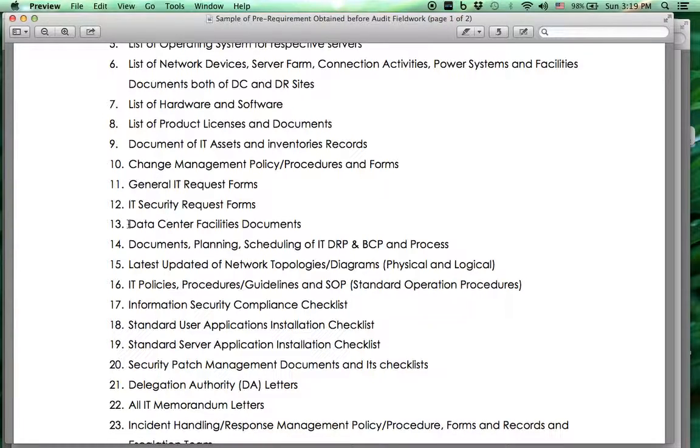Okay, we can move to the data center facility document. When we talk about data center facility documents, we refer to the documents placed in the data center and disaster recovery site.